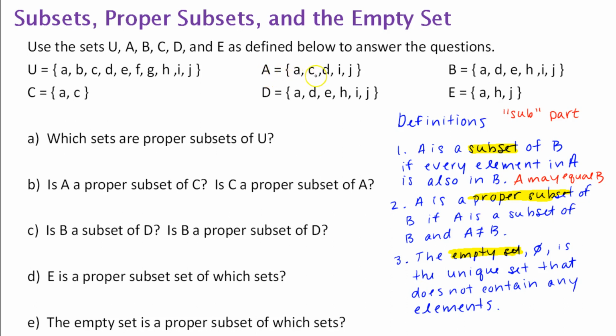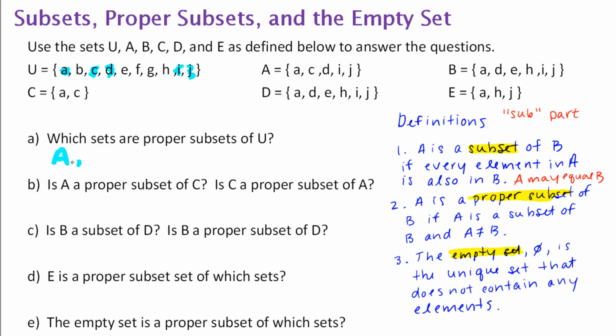Okay. So let's take a look at the set A. The set A has elements A, C, D, I, and J. So let's look at U and highlight these elements if it's in U. So U has A, C, D, I, and J. And notice there's other elements there that are not in A, so it is a proper subset. Okay, so let's put A in our list.